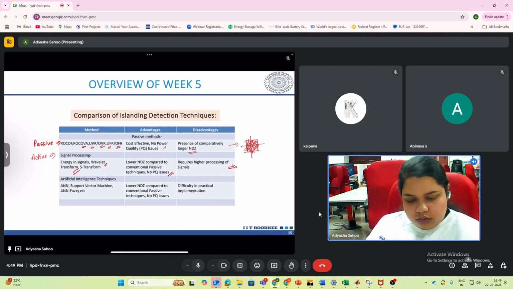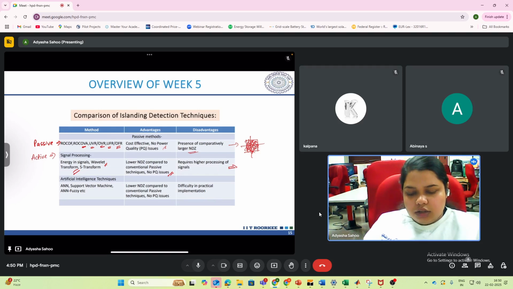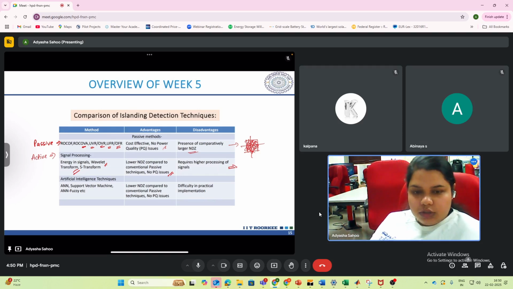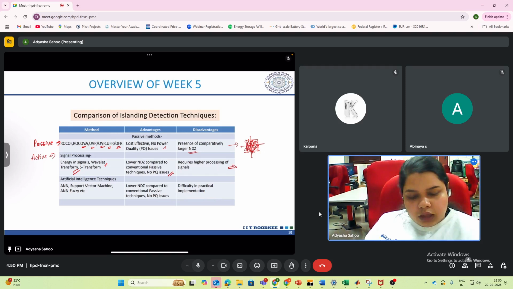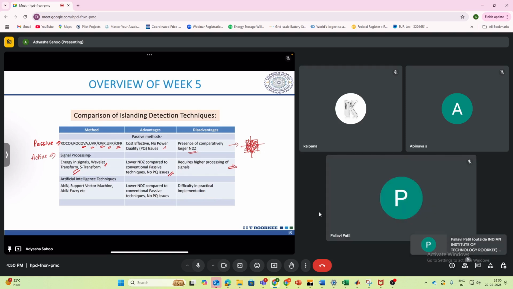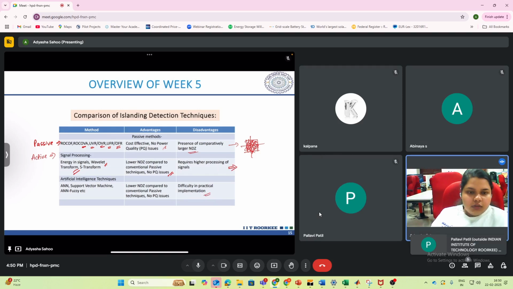Then next are your AI based techniques. In the AI based techniques, you can use tools such as ANN, that is artificial neural network, fuzzy based methods, or SVMs. Their disadvantage is that they are difficult to apply in practical implementation, because first of all, you need to have a huge amount of data sets to train this model and then apply it to the system, which is a challenge.